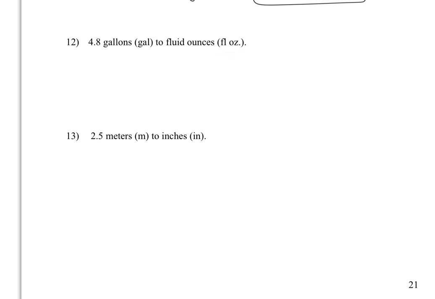Now on my conversion rate, if we're looking at the very top, I see 1 gallon equals 16 cups, but that's not fluid ounces, right? But then look at the one underneath it. It says 1 cup is equal to 8 fluid ounces.